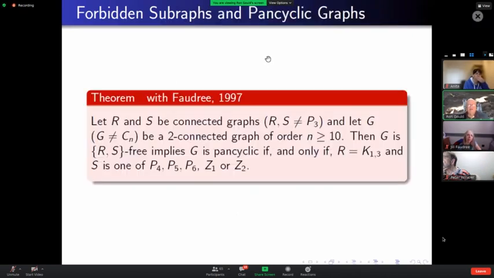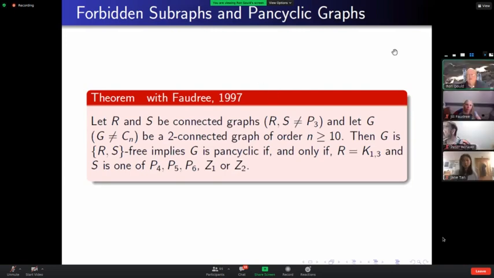All right, back in '97, Ralph Faudree and I were able to show that if R and S are connected graphs, and G is not a cycle, but a 2-connected graph of order at least 10, then the statement that G is RS-free implies that G is pancyclic if and only if one of the graphs is the claw, K_{1,3}, and S is one of the graphs, path on 4 vertices, 5 vertices, or 6 vertices, or Z1 or Z2.